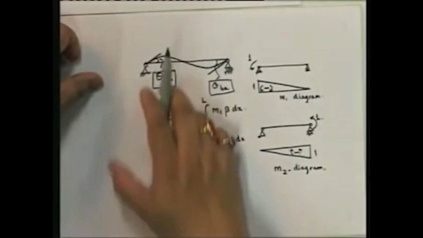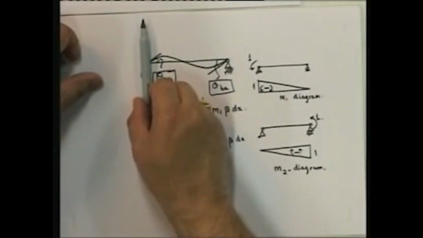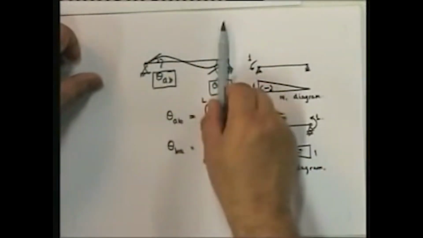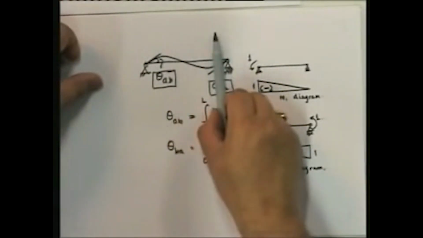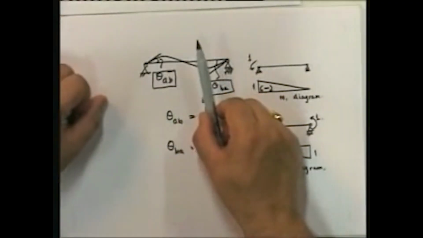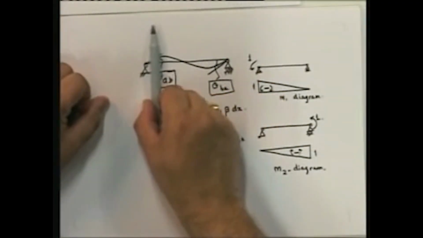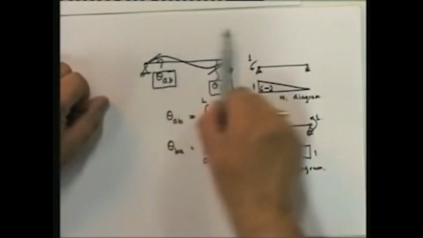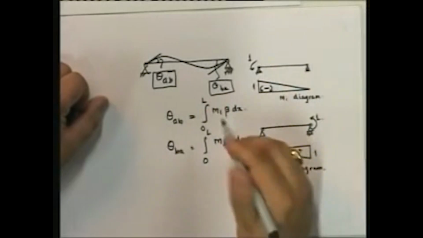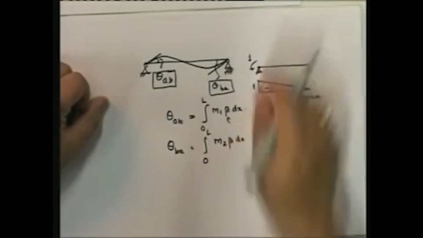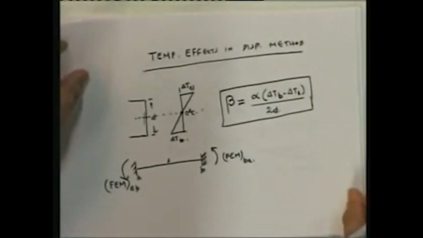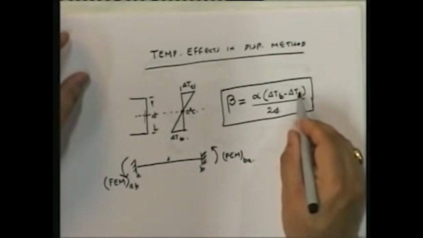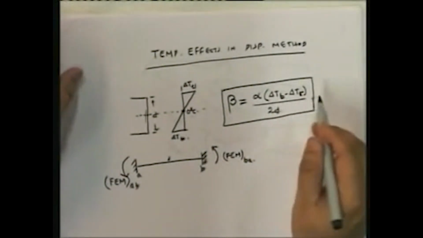In other words, the temperature gradient is uniform along the entire length. So I'm actually solving it for a specific case where I have a uniform temperature gradient across the cross section over the entire length. In that particular case, the curvature turns out to be a constant given by this. Okay?